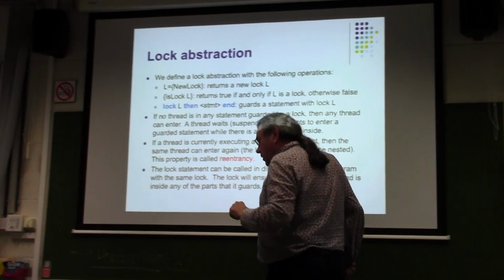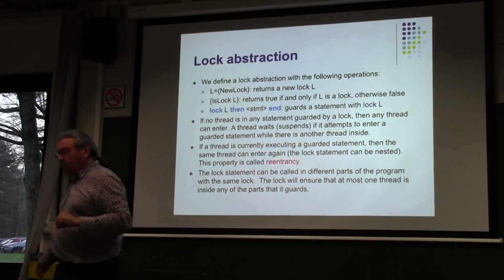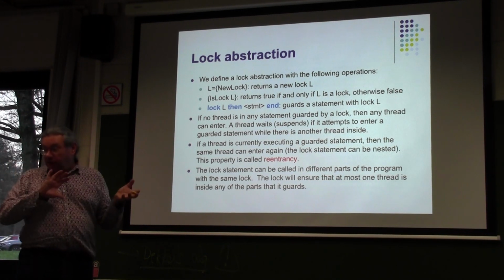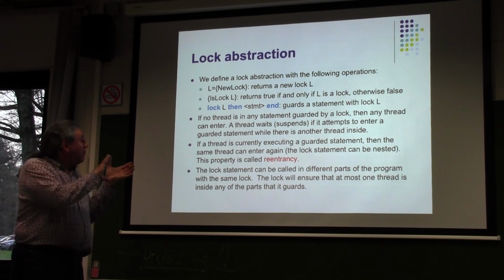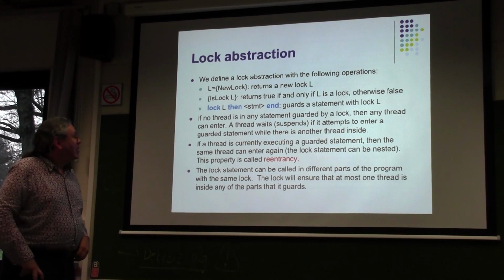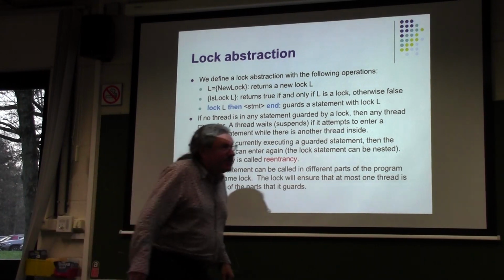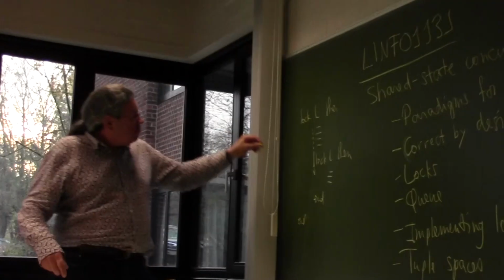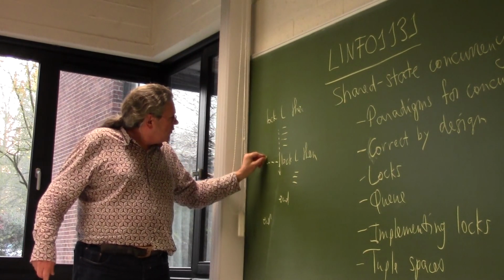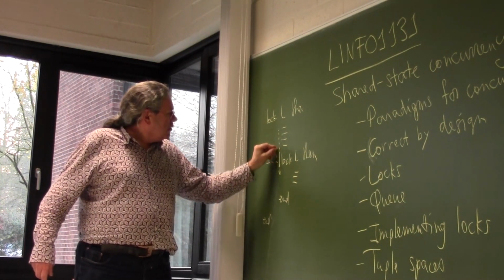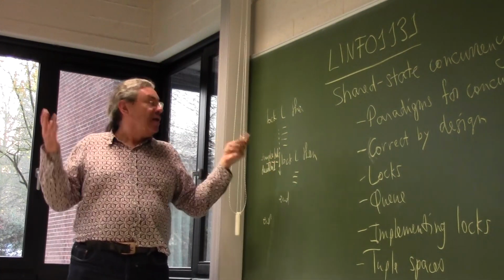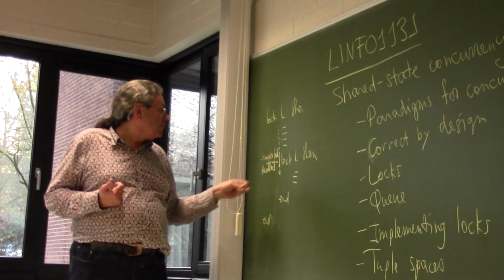You also have a thing called a simple lock, which doesn't do that, but it's easier to implement. When we show the implementation, we will show first the simple lock, and then we show how to make it reentrant. Okay? In the simple lock, this would be a deadlock. If the thread enters here, it would stop here. The program would actually stop, and nothing can start this thread up again.